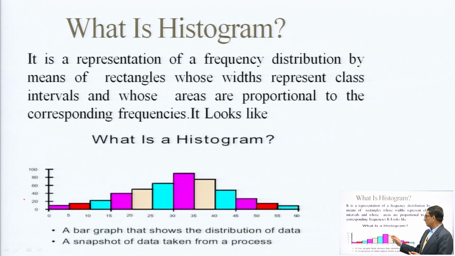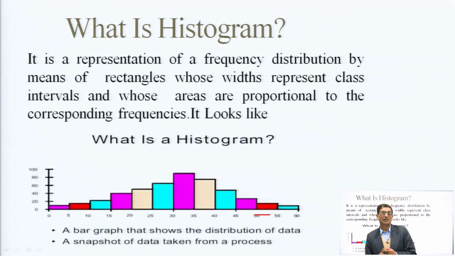For example, this histogram shows the distribution of snapshot data taken from a process. Here we take the class interval of the variable, and the variable may be height, weight, temperature, body height, body weight.